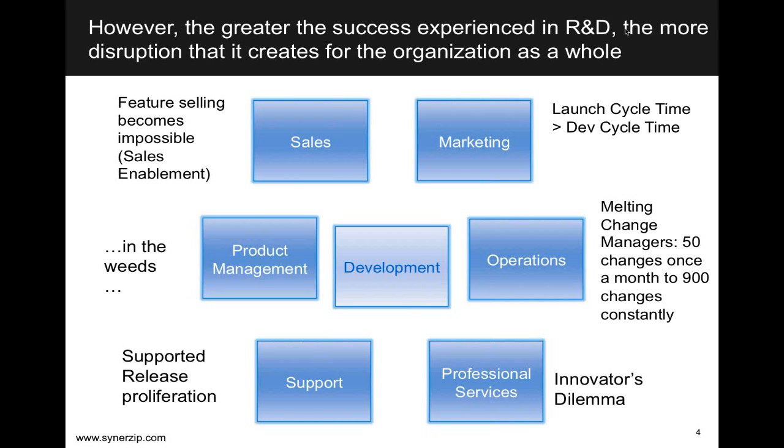There's a point at which it crosses the development cycle time to get high quality code ready to go into customers' hands. When that happens, marketing melts because they're unable to harness the value that's coming out of the development organization.